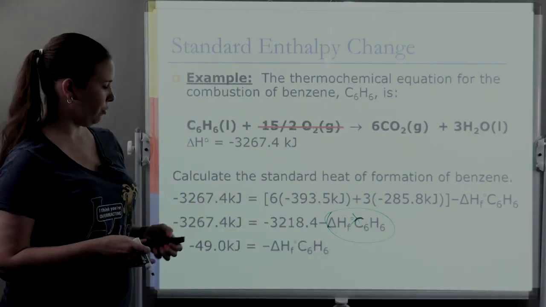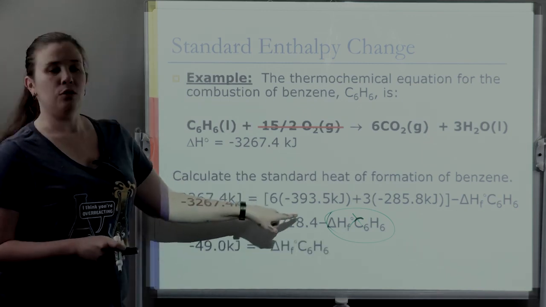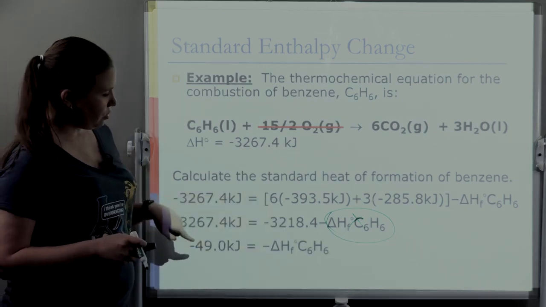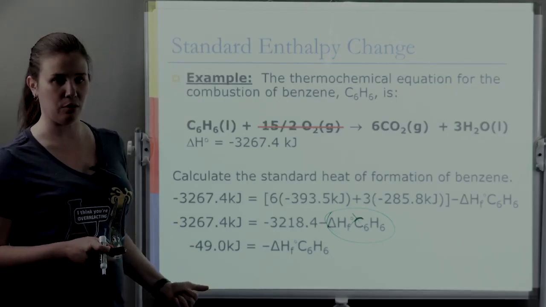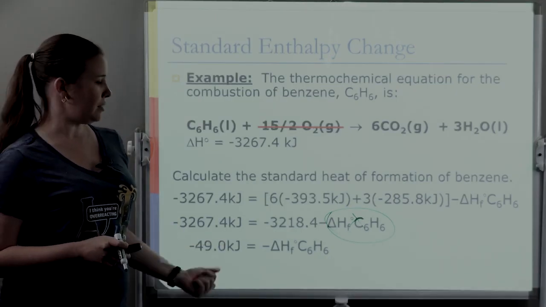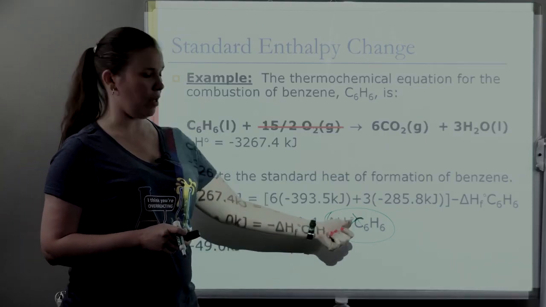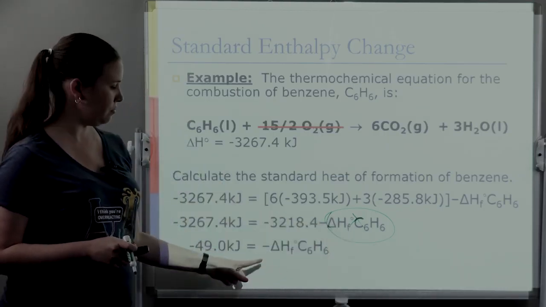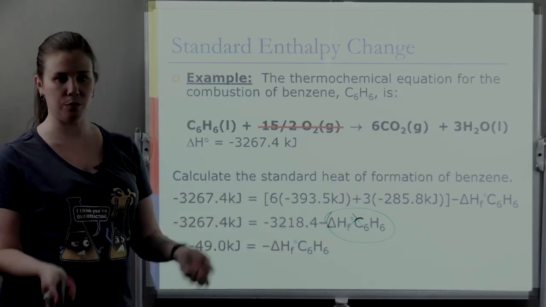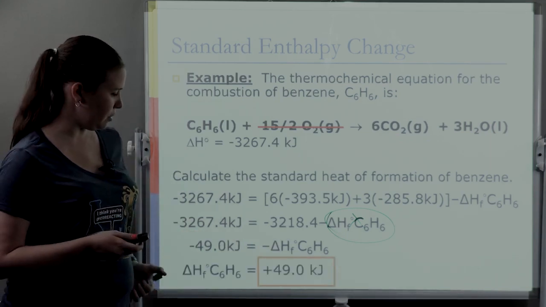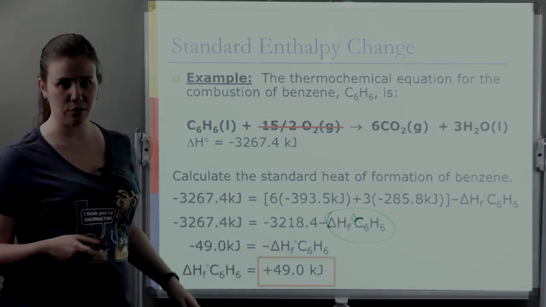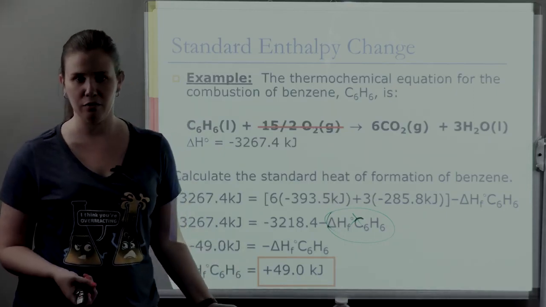So if I want to solve for X, first thing you would do is add the 3,218 to both sides, leaving you with a negative 49.0 kilojoules. But that's going to be equal to negative X. Notice where the sign is. So if I want to find the enthalpy for positive X, or the positive heat of formation for benzene, I'm going to flip both signs, or basically multiply or divide by a negative 1.